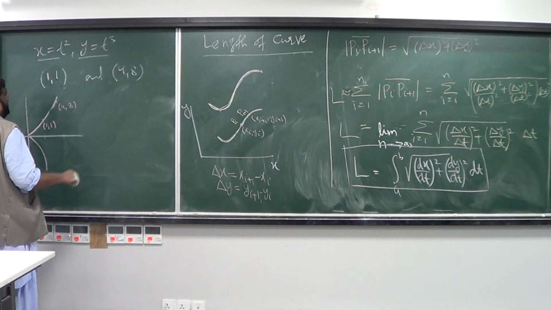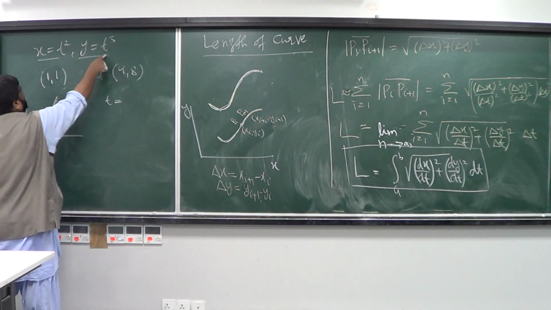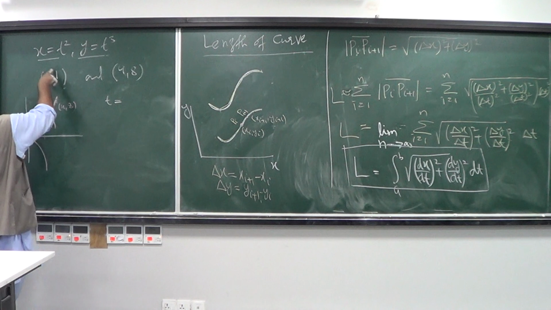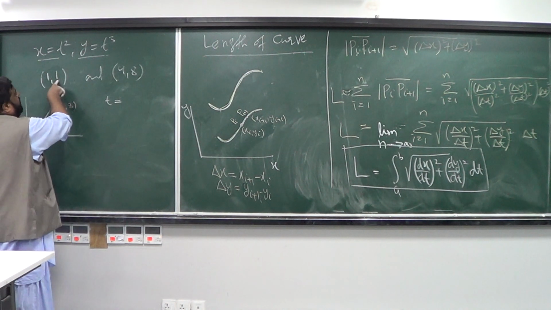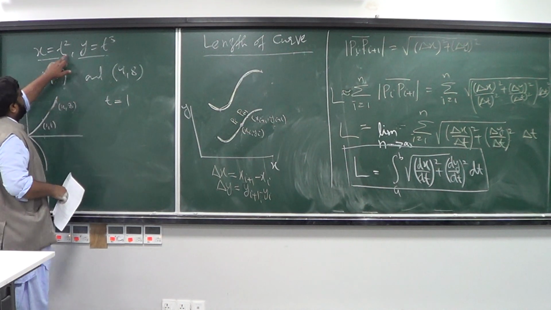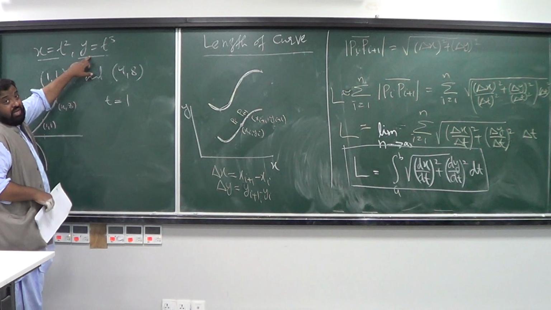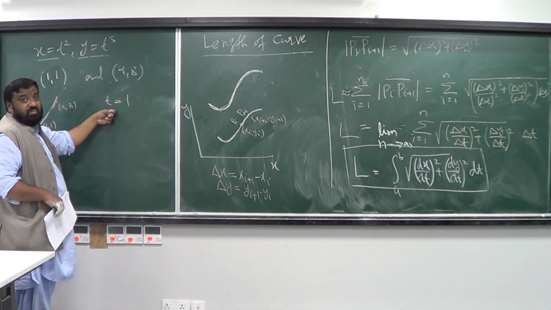Now here's the thing. For what value of t will these two formulas give you (1, 1)? In other words, x will become 1 and y will become 1. You can guess that if you take t equal to 1, then x will become 1 and y will become 1. So I can represent this point by t equal to 1.